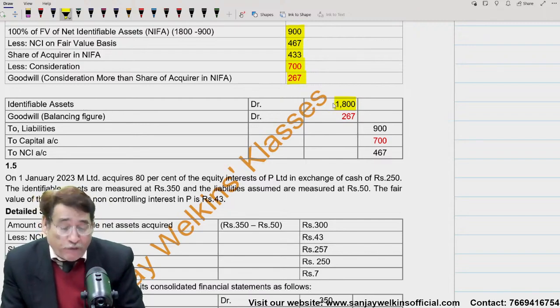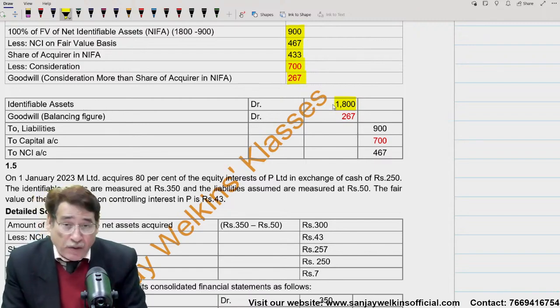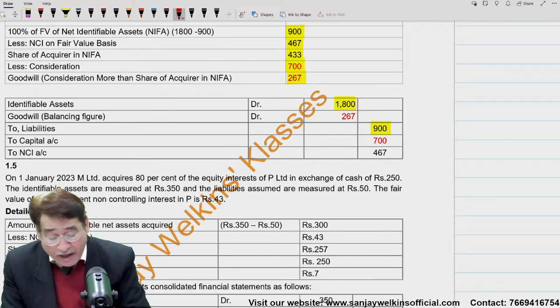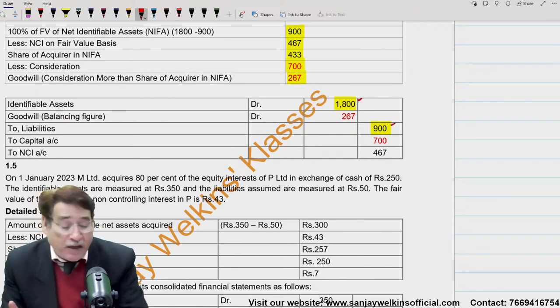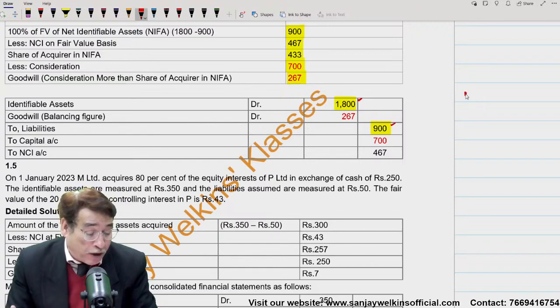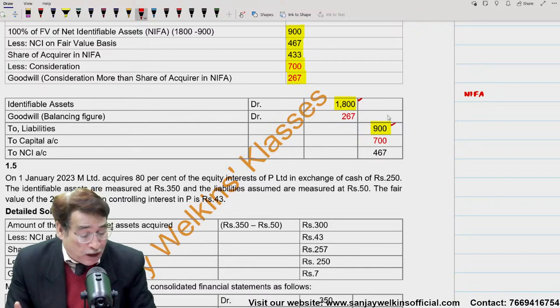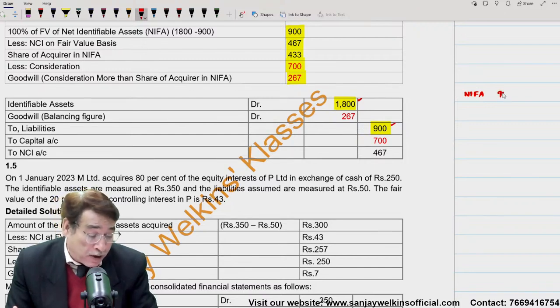So first write identifiable asset 1800 and then identifiable liability 900. That means when I write 1800 and 900, indirectly I have so far recorded net identifiable asset to the extent of 1800 minus 900, that is 900.